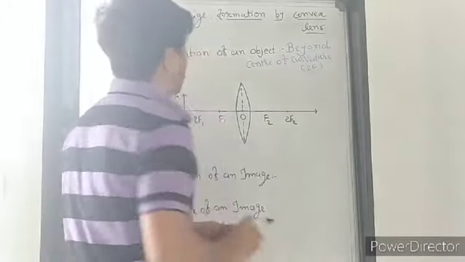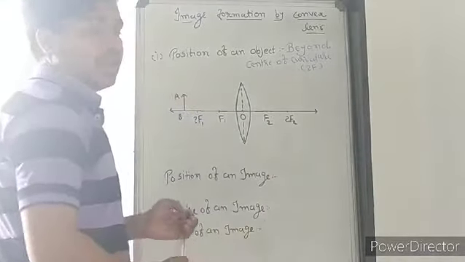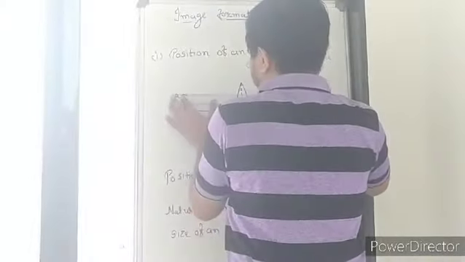then you have to incident two rays from A. The first is parallel to the principal axis.